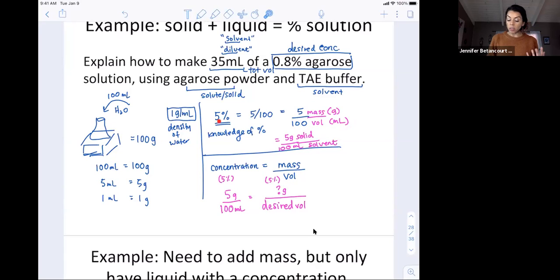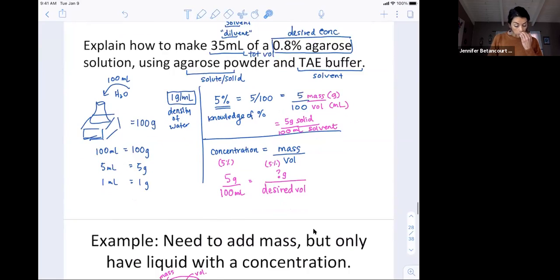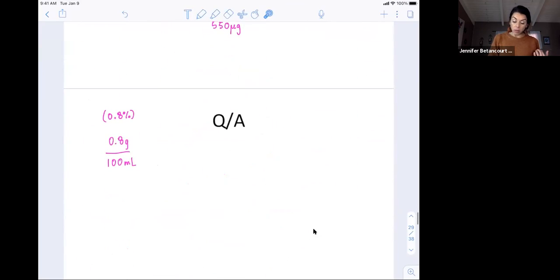So if you wanted to make a 5% solution, you'd put 5 over 100. A 10% solution, you'd put 10 over 100. If you want to make a 0.8% solution, you put 0.8 over 100. And that's what she did. She put 0.8 grams over 100 milliliters.